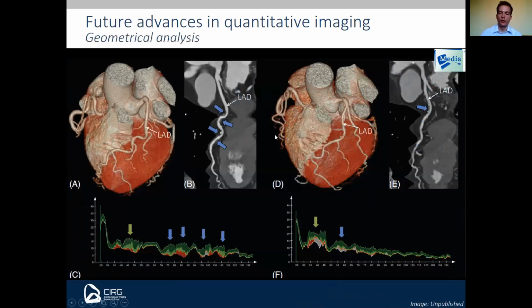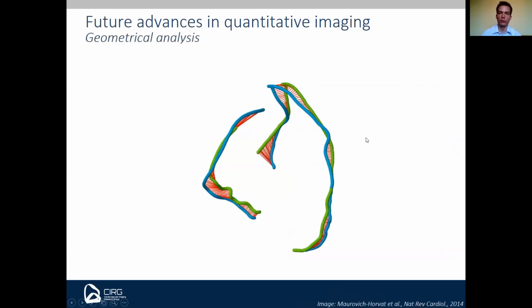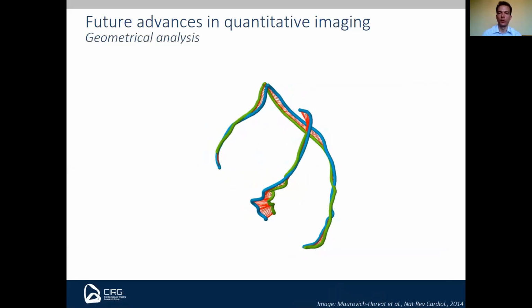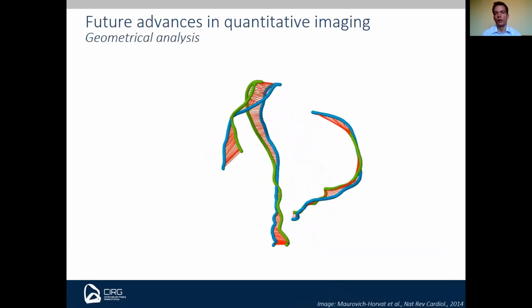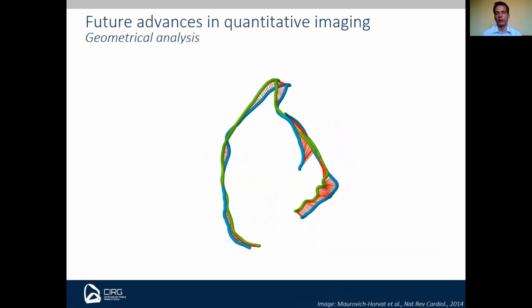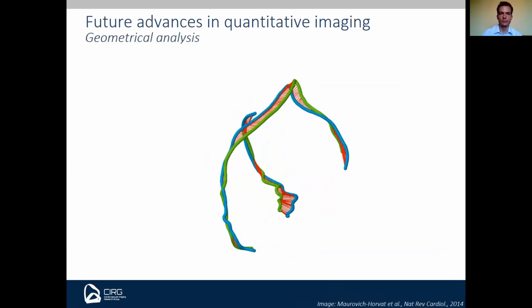We have done comprehensive 3-dimensional analysis of these patients, where we transpose the vasculature of the twins onto each other and then calculate how similar these are. And as you can see, even in the case of monozygotic twins, there are differences in their coronary anatomy.